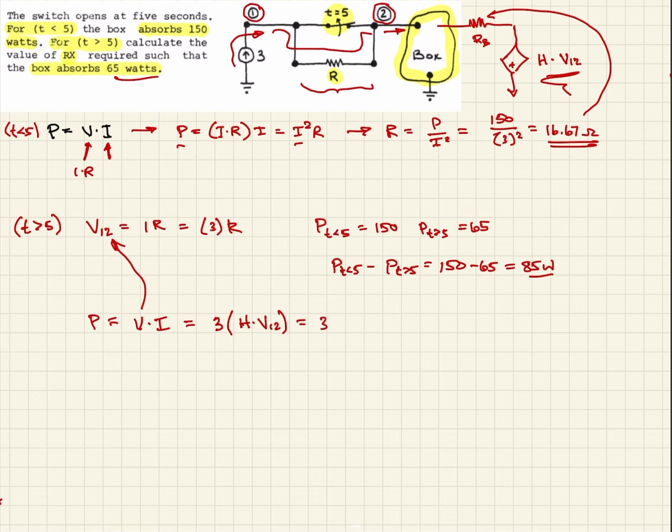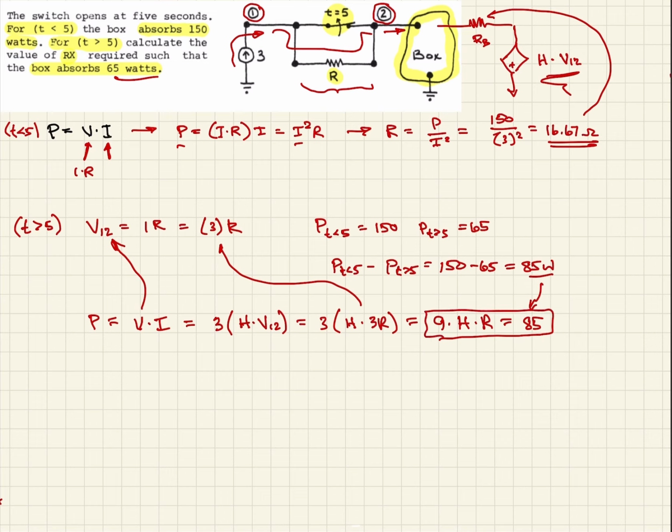So that's going to be 3 times H times 3R. And so I get that from right here. And so that's going to equal 9 times H times R. And that has to equal this difference here of 85. So there's our equation that describes our relationship there.